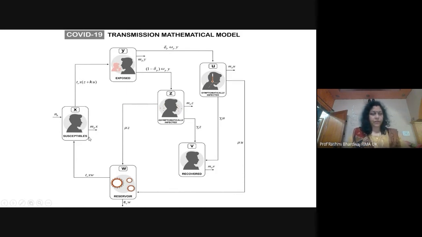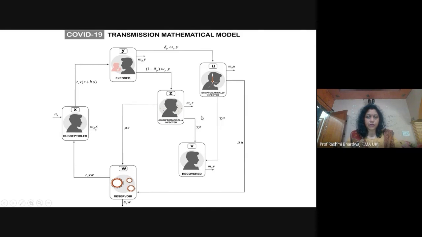So M1X is the transmission rate from the susceptible to the exposed ones. MDY is from exposed to the different ones. So for asymptomatically, it is this rate. For symptomatically, this rate. From here, if it goes to the healed or recovered ones, it is this rate.